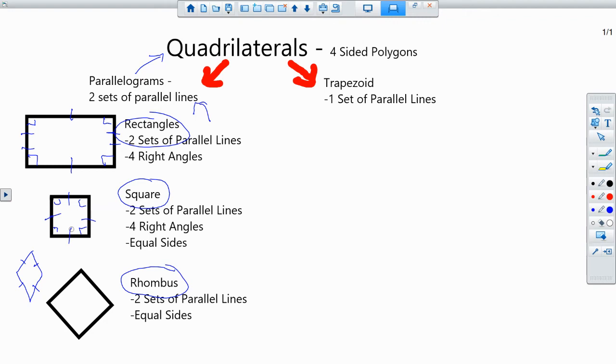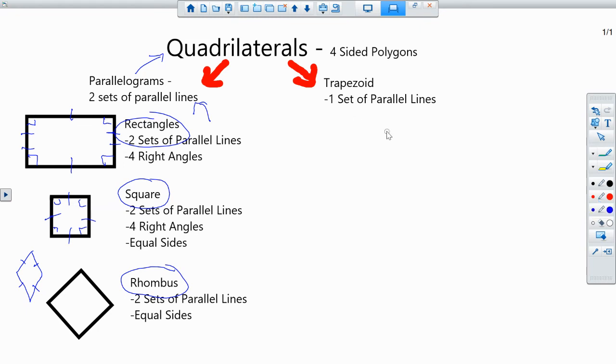So then it switches over to our other side that's not parallelograms, the trapezoid. What distinguishes these two is that one has one set of parallel lines and one has two sets of parallel lines. For this one, looks like I don't have another color of pen besides red and blue and black, so I guess we'll keep it blue. Okay, so a trapezoid has one set of parallel lines.